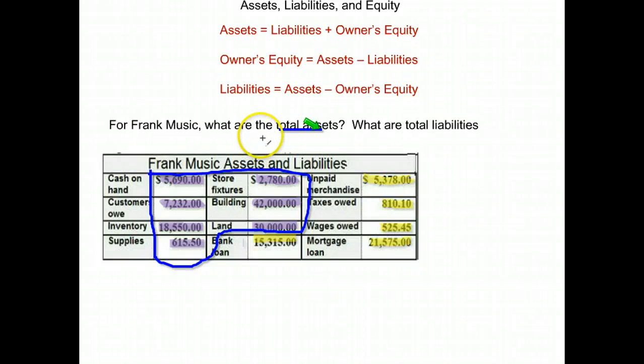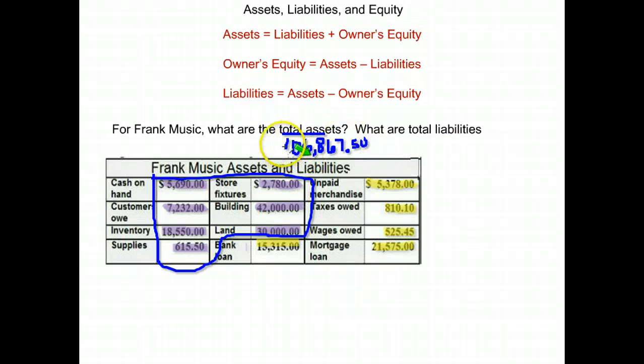Okay, so I get total assets of $106,867.50. So those are our total assets.